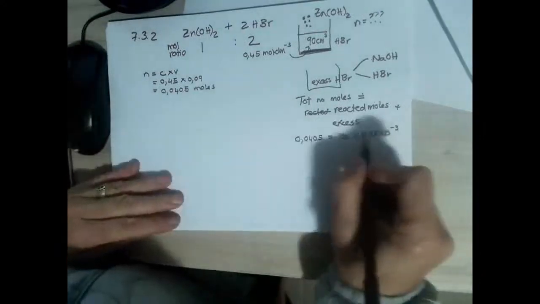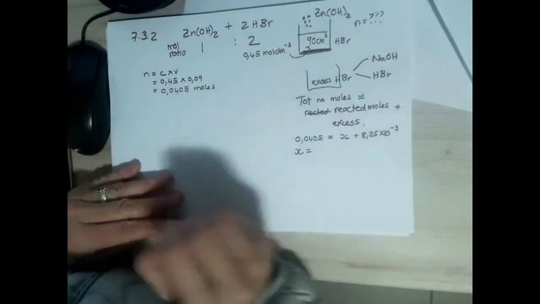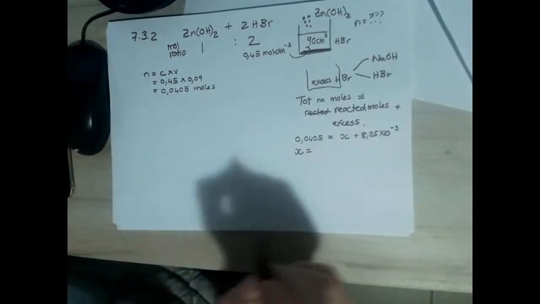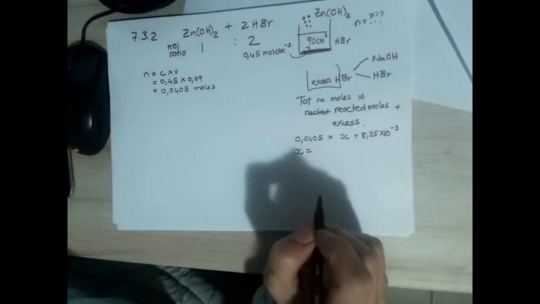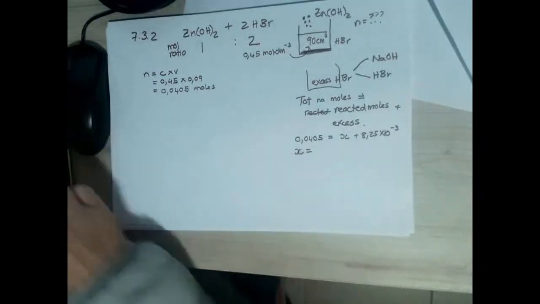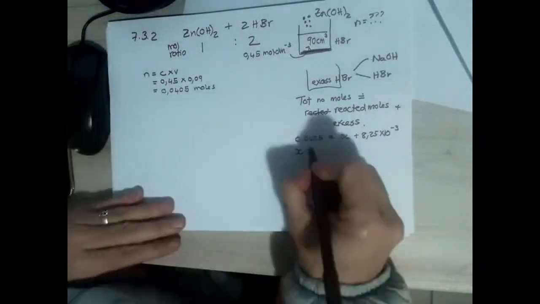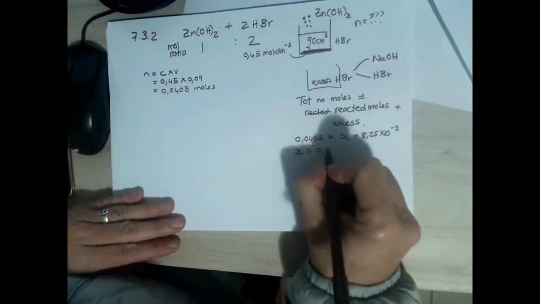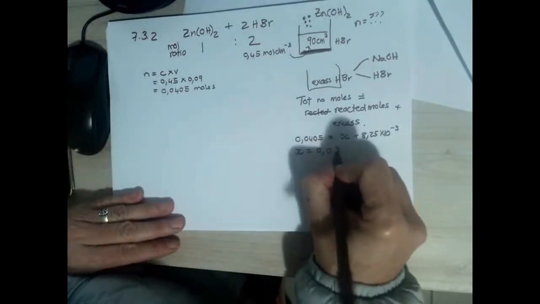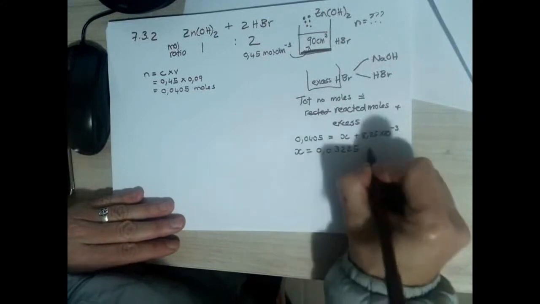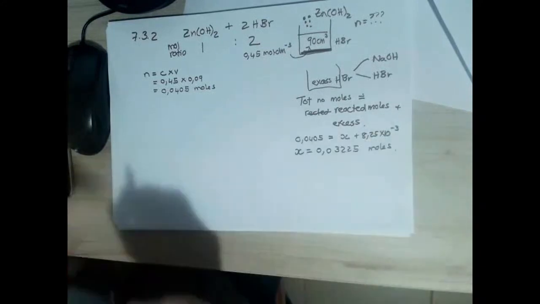Okay, and so this allows me to work out how many moles of HBr reacted with the zinc hydroxide, and if you do that calculation over there, you end up with 0.03225 moles. Okay.